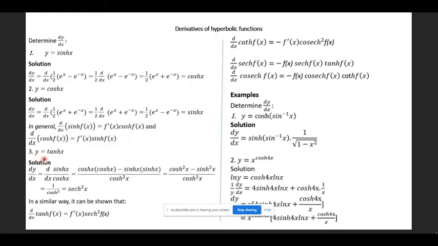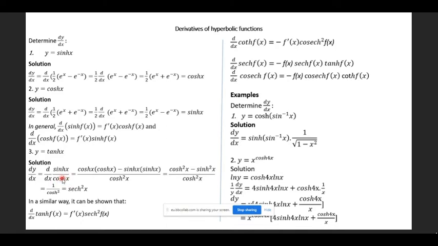If we want the derivative of y is equal to hyperbolic tangent of x, we are simply going to use the quotient rule, because we express the hyperbolic tangent of x as hyperbolic sine over hyperbolic cos.